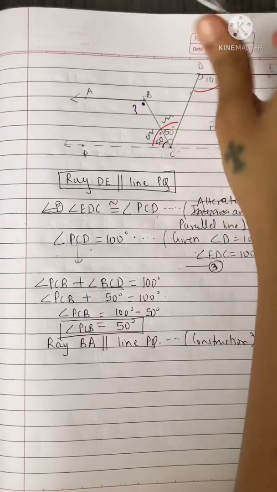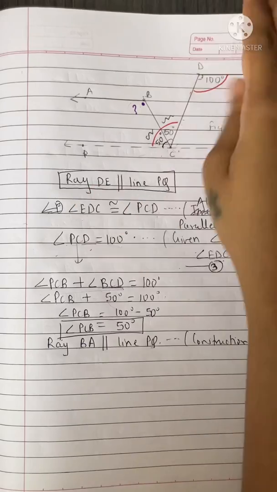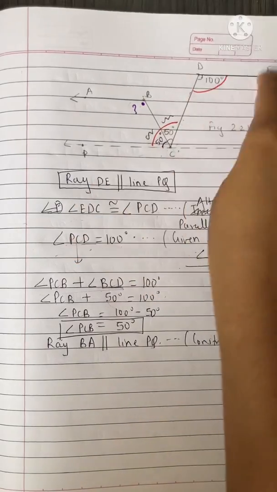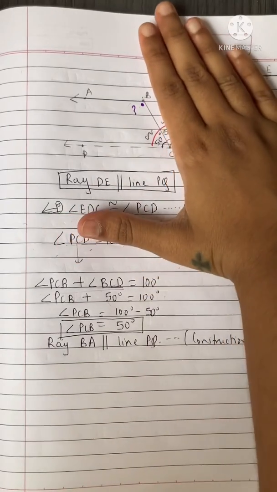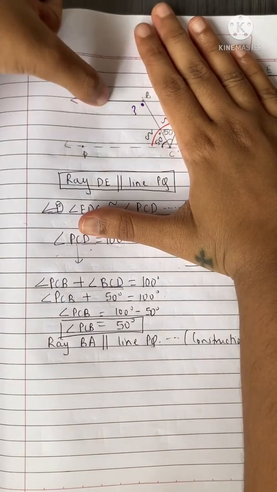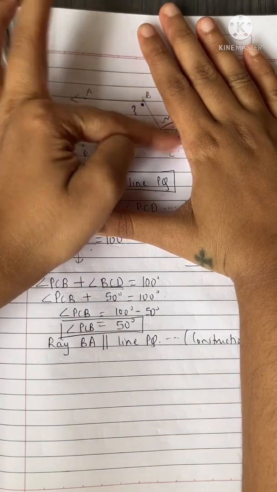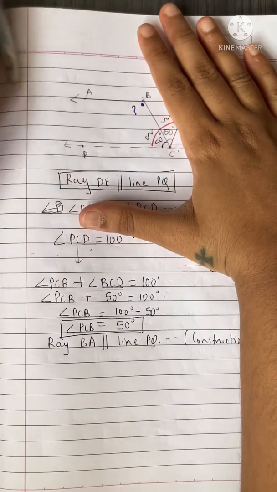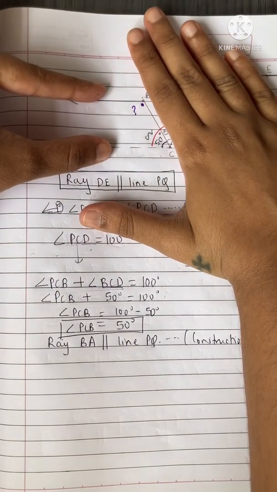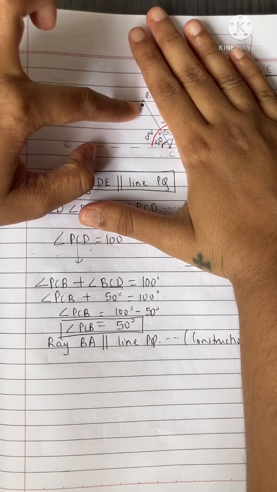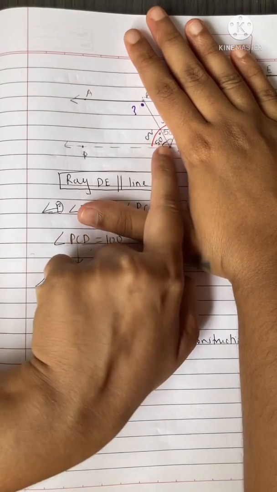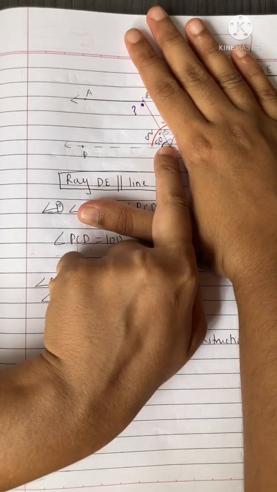Now if we consider these two lines, then we will not consider this third line because it is already over. We have taken this data. So we'll just consider these two lines. So when these two lines are parallel, what will become of this line? This small line, that tilted line, will become a transversal. Okay, so these two lines are parallel, and this angle, which is question mark, we have to find out, and this angle 50 degree, which we have found out right now.